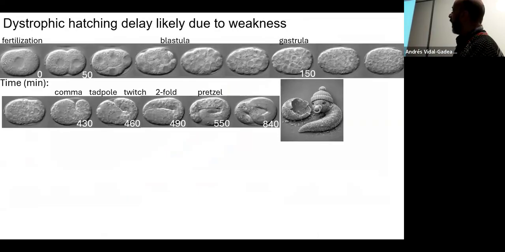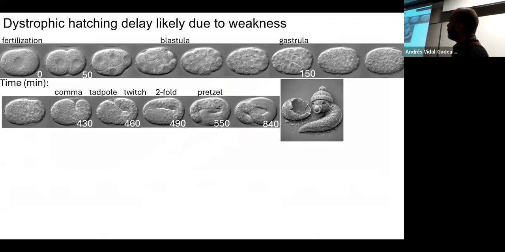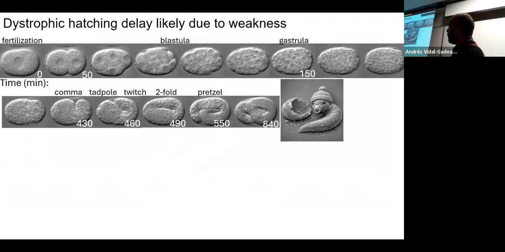So we set out, because C. elegans kind of develop outside of the animal, we can see the different stages, and people make a nice living out of looking at this development. The eggs are laid at 150 minutes post-fertilization, and they hatch at 840 minutes. And this is the heroic part of the talk.